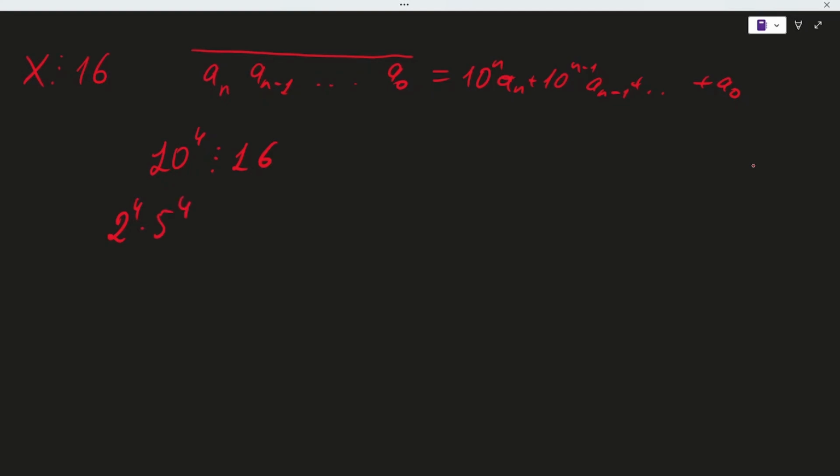And here comes the idea that we just need to look at only the last 4 digits, which will be 10 cubed times a3 plus 10 squared times a2 plus 10 times a1 plus a0. And clearly, if this number is divisible by 16, our original number will be divisible by 16, as the remaining terms are multiples of 16.